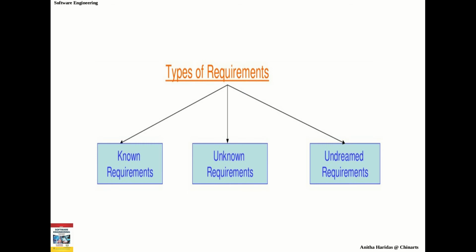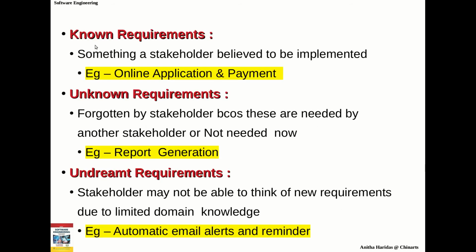So when I say requirements, these are the three different types of requirements. You can call them known requirements, unknown requirements, or undreamt requirements. For example, the known requirements are something a stakeholder believes can be implemented.